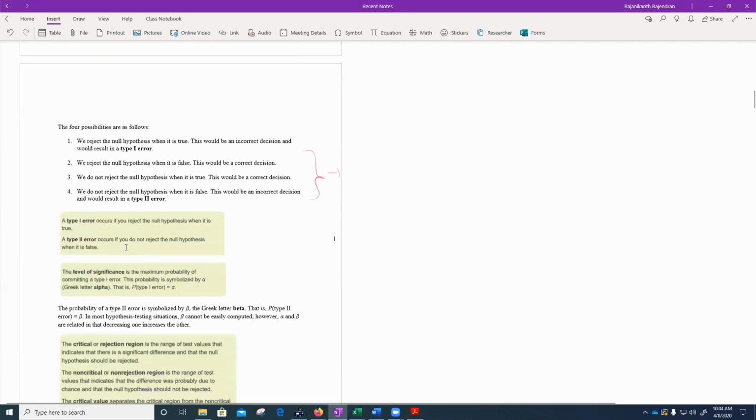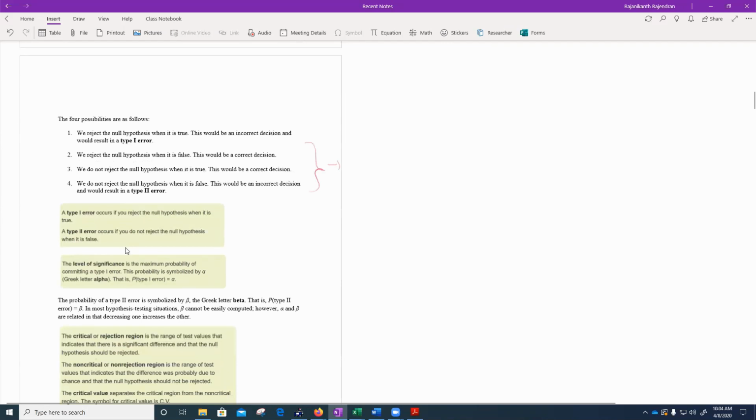Okay. Now, these two are coming from your picture. Now look at this one. The level of significance is the maximum probability of committing a type 1 error. The level of significance will be given in the problem.